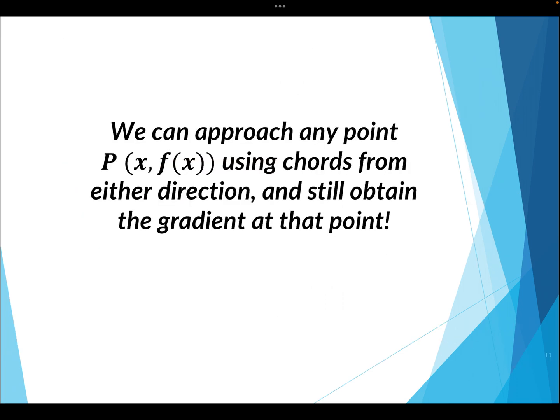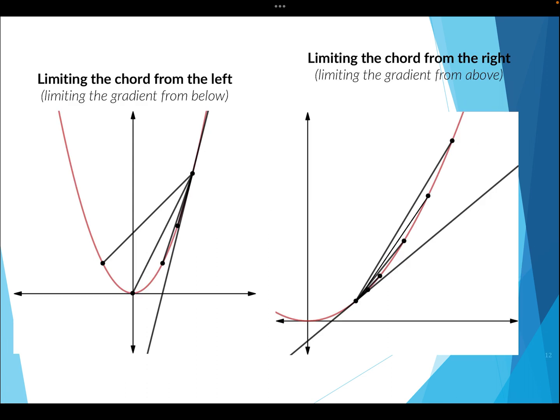Before you pause the video, we can think about approaching any point P of f(x) using the chord from either direction and still obtain the gradient at that point. Let me explain what I mean. What I showed you just now is when we are looking at point B. We started from point A1 here, then we go A2, A3.